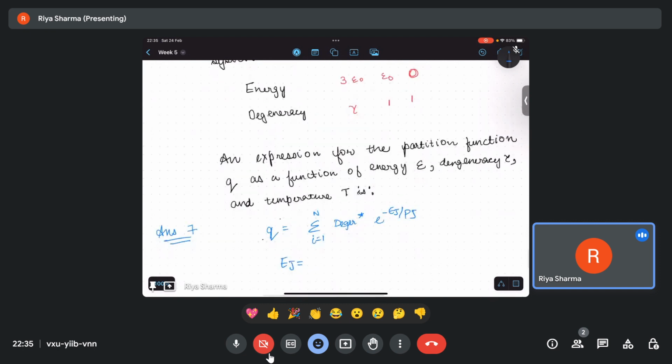We know it is 3 epsilon naught, epsilon naught, 0, for degeneracy gamma, 1 and 1 respectively.